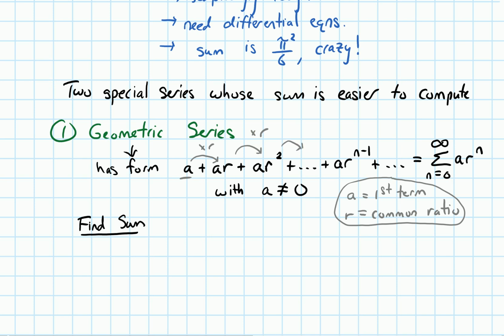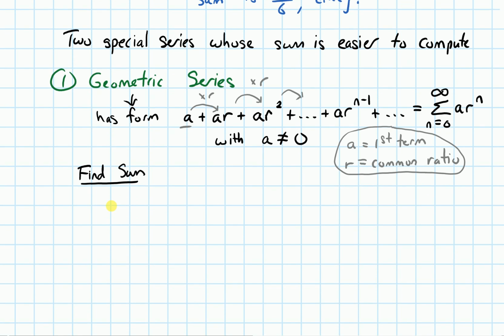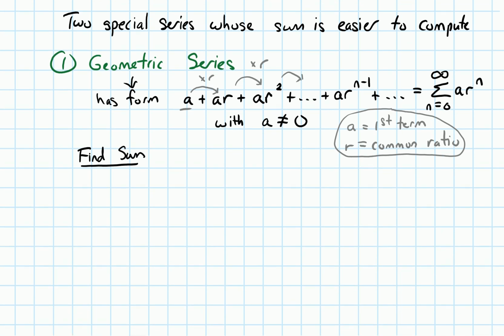All right, so what I want to do now is find the sum of a series like this when it converges. To find the sum of a geometric series, I'm going to look at the partial sum, S sub n.